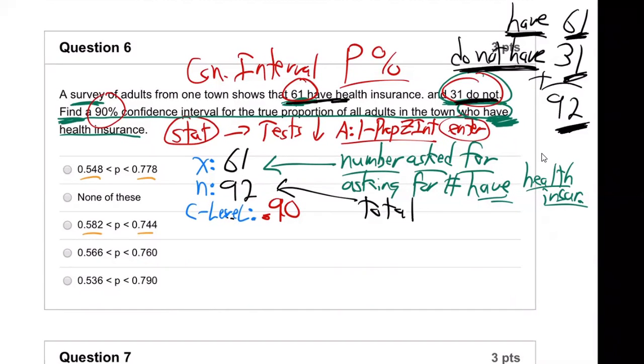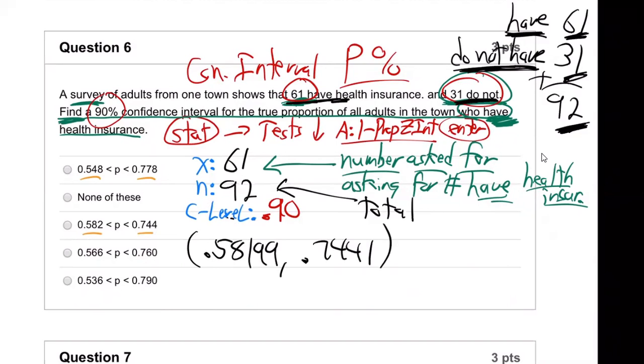Let's see here. So I'm going to put in the numbers again. 61 out of 92, 0.9, calculate. All right, here's what I'm getting. I'm looking at the wrong thing. I'm in a lot of troubles today. 0.58. There we go. That's looking better. 0.58199.7441.